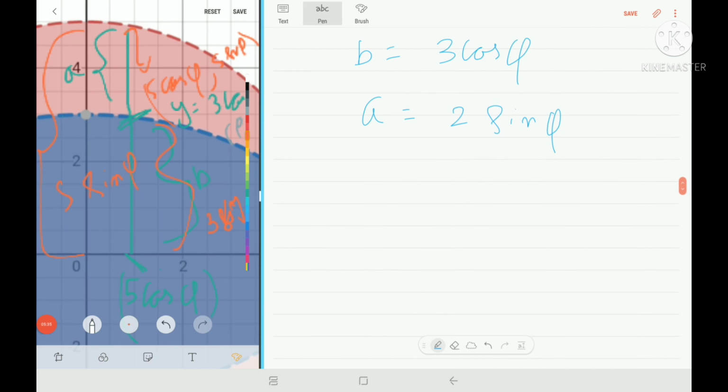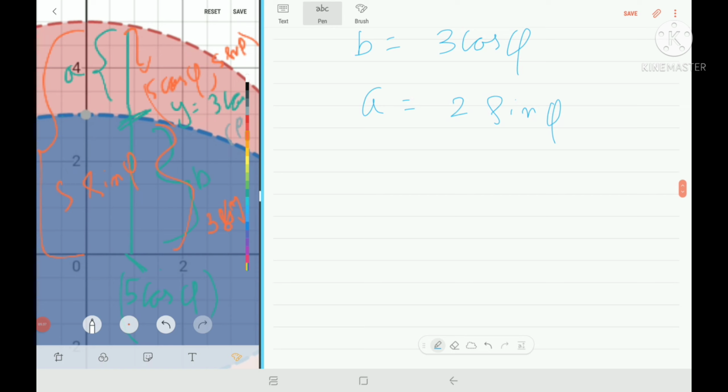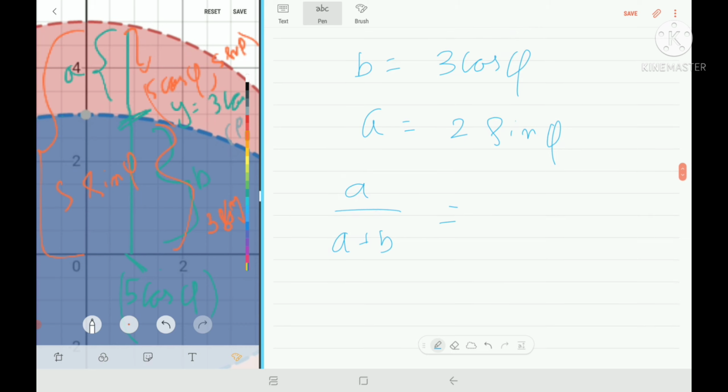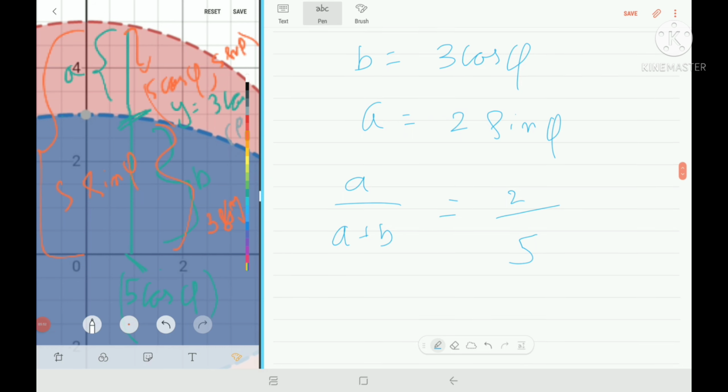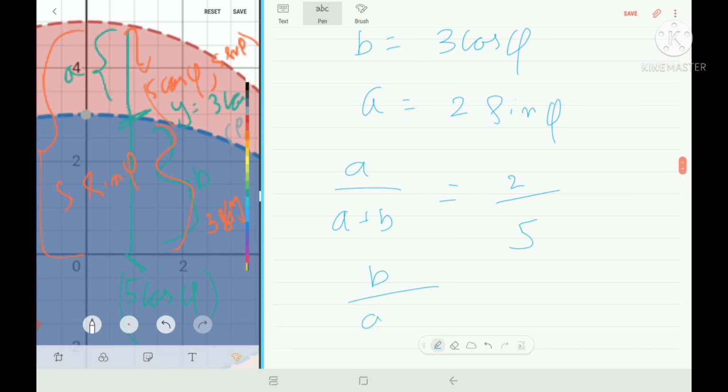Once we have done that, we can find the value of a by a plus b, which in this particular case is maybe 2 by 5. And let's also keep the value of b by a plus b, which in this case is 3 by 5.